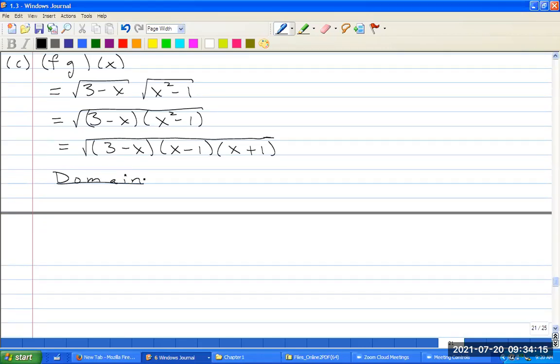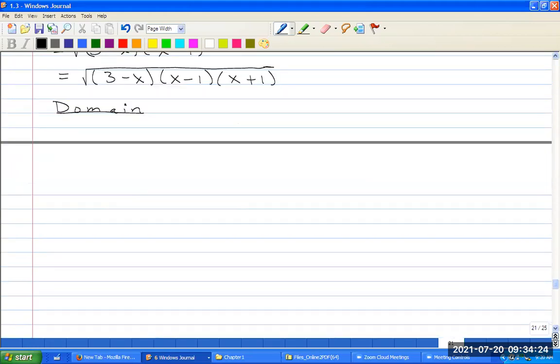First thing to do is to find the critical numbers. I've already factored it out, and so the critical numbers are just where what's inside the square root is equal to 0.